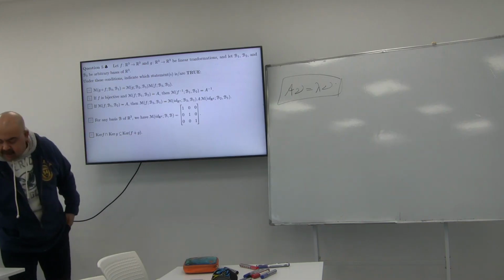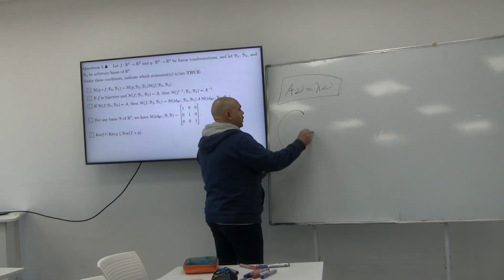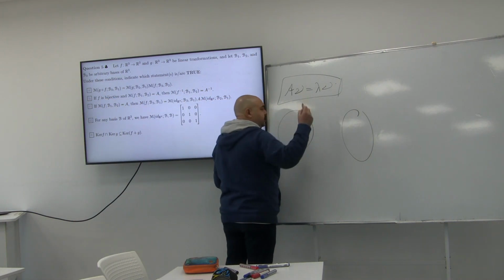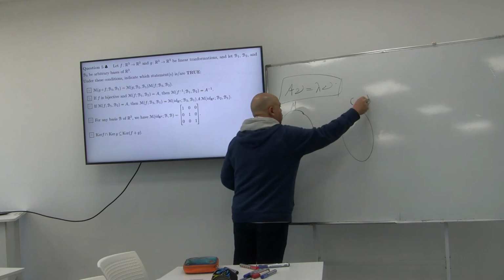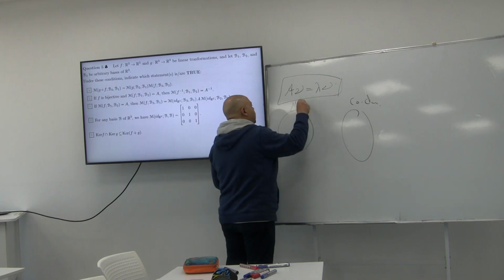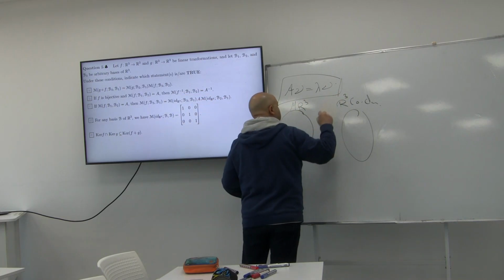As we spoke previously about these problems, let's consider this is the domain and this is the codomain. That's R3, because you are moving from R3 into R3.